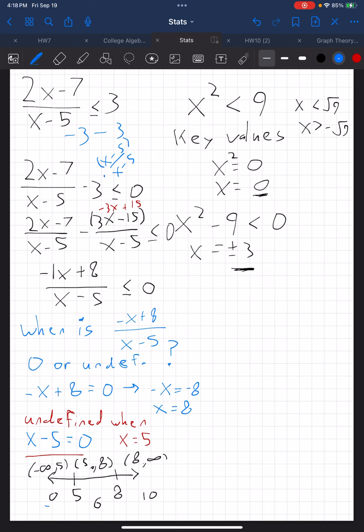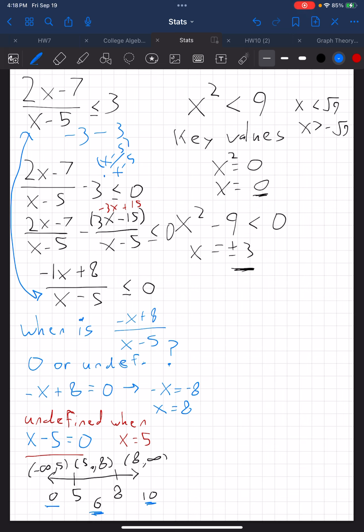To plug 0, 6, and 10 into the equation that I'm wanting to check. For us, these two inequalities are equivalent, so I can plug these values into either one.